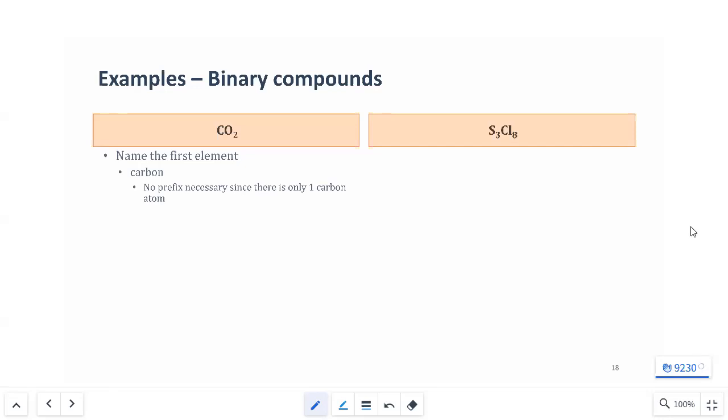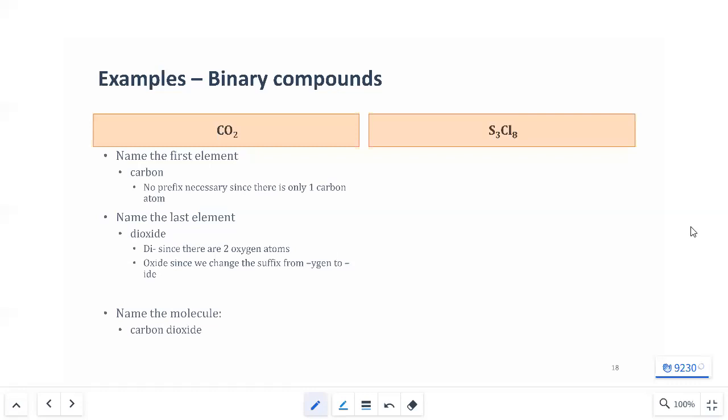Second element, dioxide. Prefix di, 2, oxygen, IDE, dioxide. Put the two together, CO2 is called carbon dioxide. Now you already knew that, but now you know why that is its name.